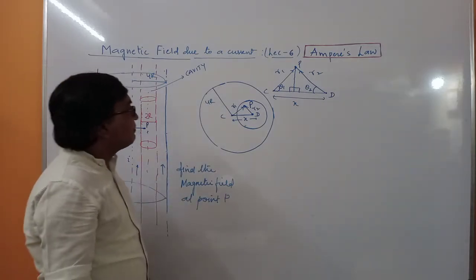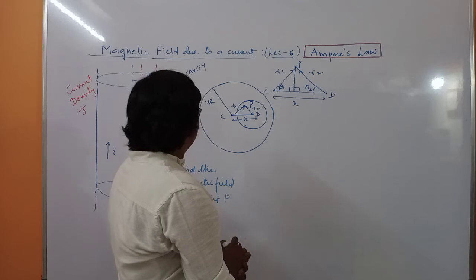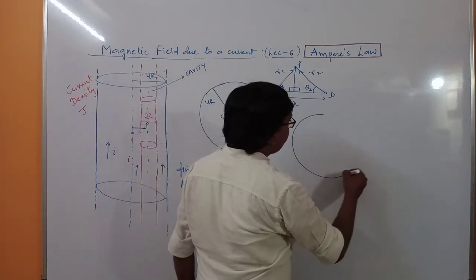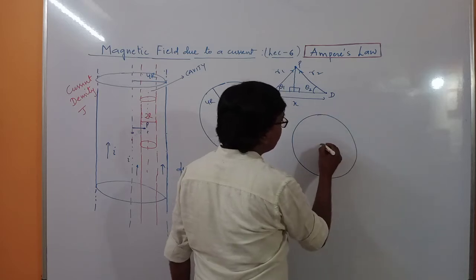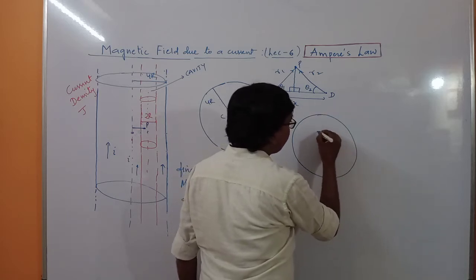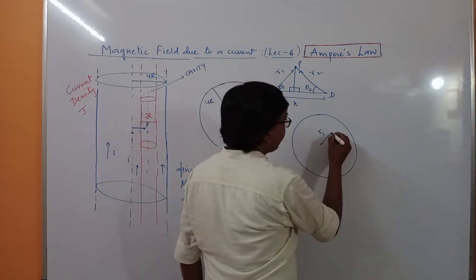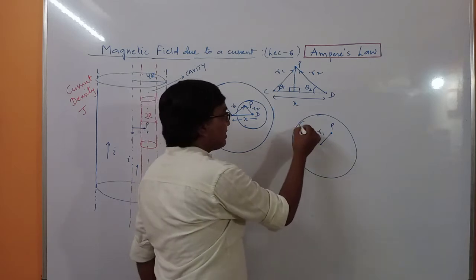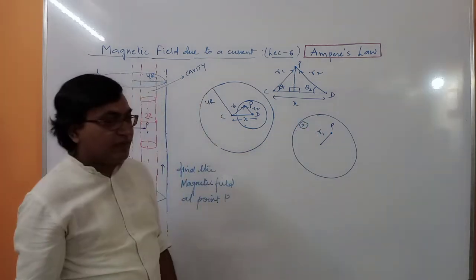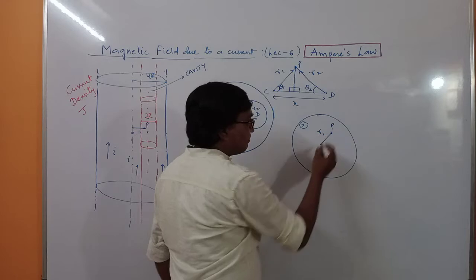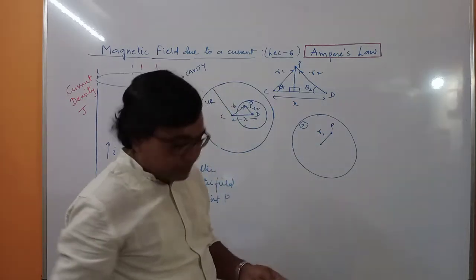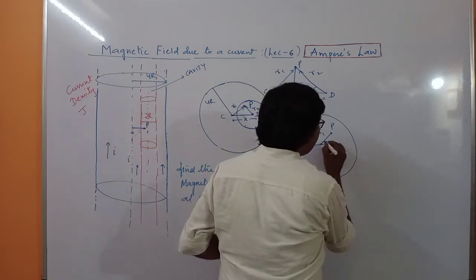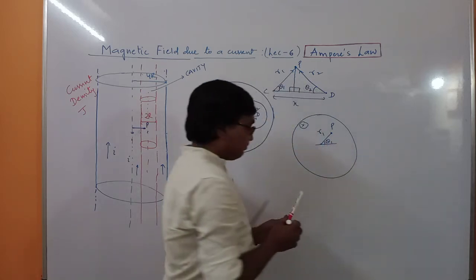Again, the assumption is the same: considering the whole cylindrical cross section, we are finding the magnetic field at a distance of r from the center, and the current density is given. So here we take an Ampere's loop, and let us take this angle as theta 1.